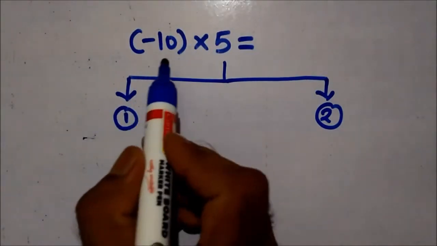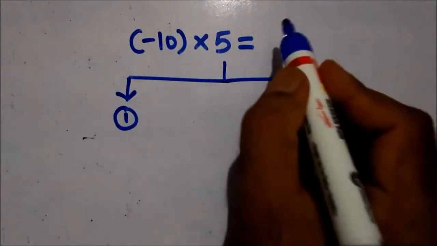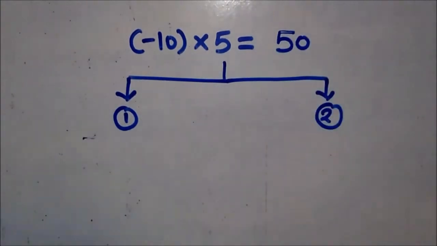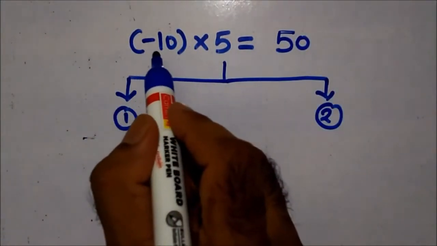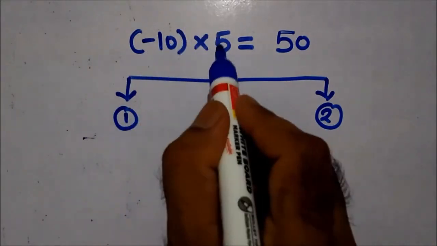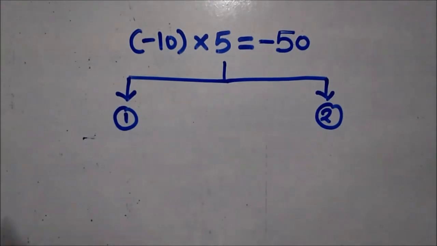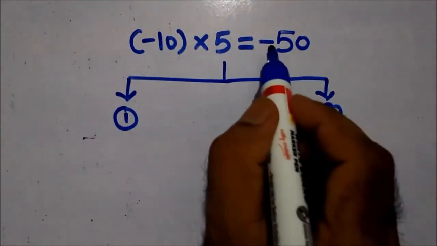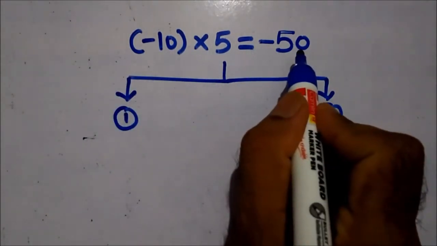Let's take one more example. -10 into 5. 10 5s are 50. And we have already seen that whenever we multiply a negative number with a positive, the product is negative. So -10 into 5 is -50. This is our multiplication statement.